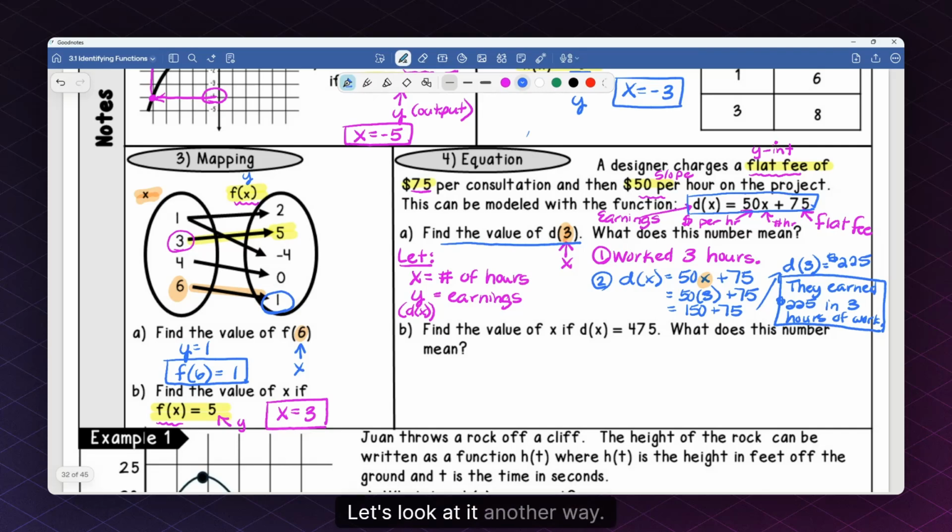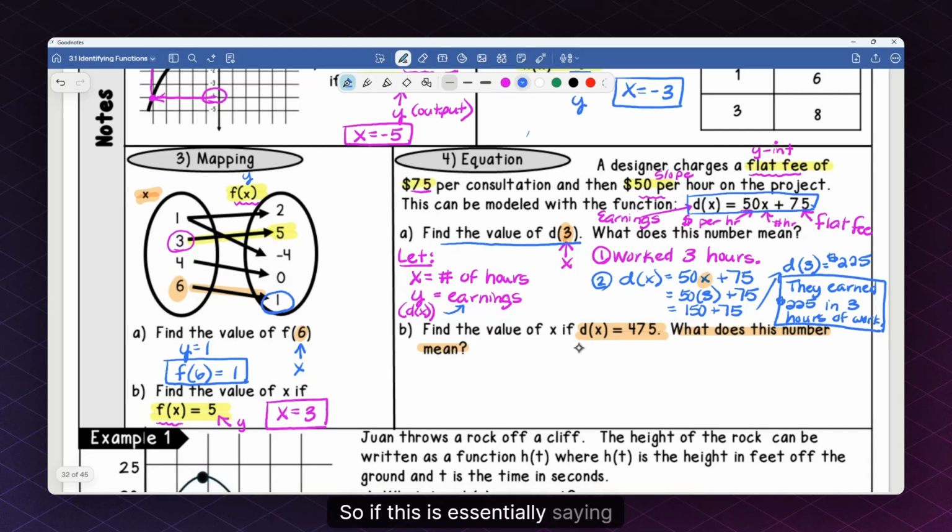Alrighty, let's look at it another way. What if they gave us this situation where they said the D of X is 475? What does this mean? Equations don't exist in isolation. They mean things. Remember we said D of X was earnings. That's why we defined our variables up here, because it helps us keep it straight.